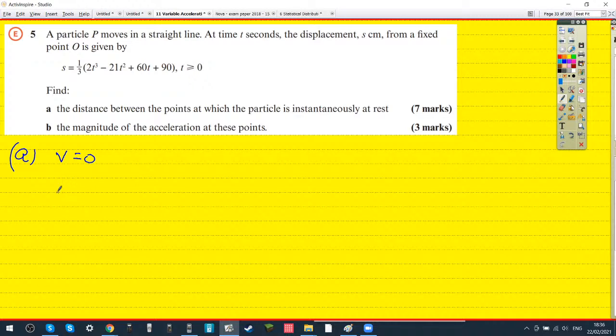Which will, first of all, if I expand the brackets, be 2 over 3 t cubed minus 7t squared plus 20t plus 30. Okay. And then if I differentiate that, that will be 2t squared minus 14t plus 20.